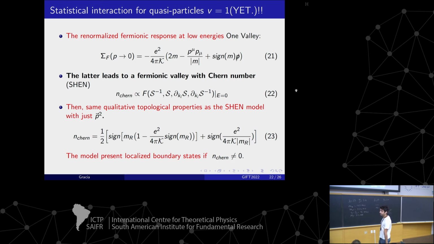From your expression, each term will be plus or minus 1, so it cancels if it's minus 1 and plus 1. So for it not to cancel, you need some specific relation between the charge K and M. Could you comment on that?